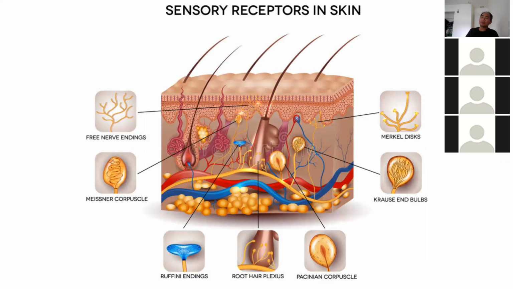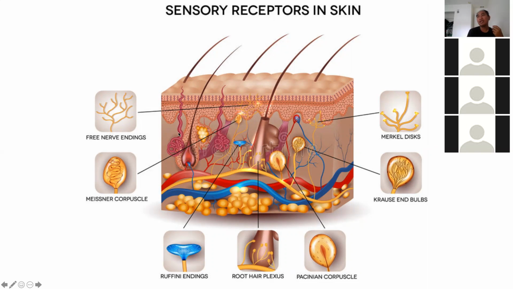This is our skin, and these are the different types of receptors present in our skin. Look at that. How many? 1, 2, 3, 4, 5, 6, 7. So at least 7 receptors are present in one particular area of our skin.